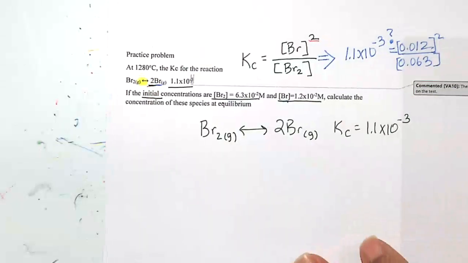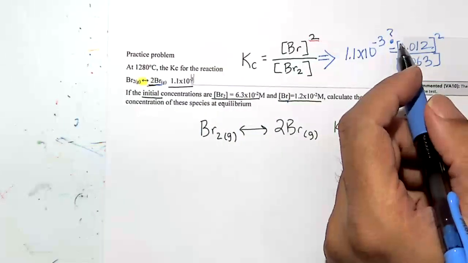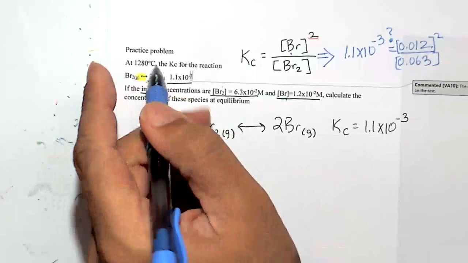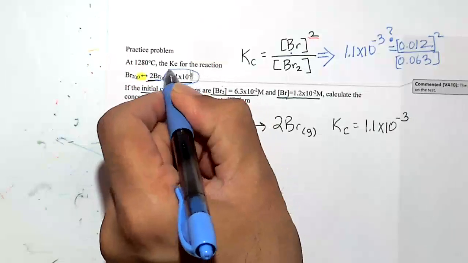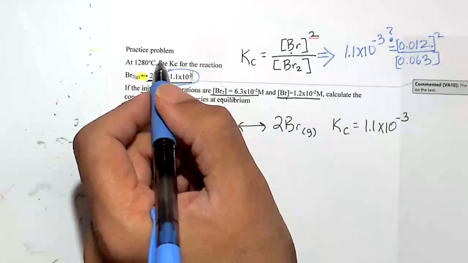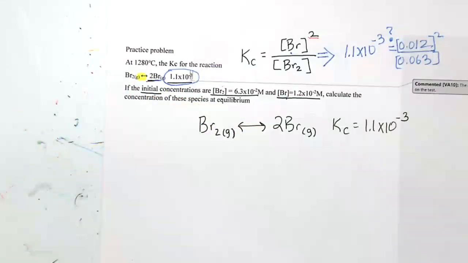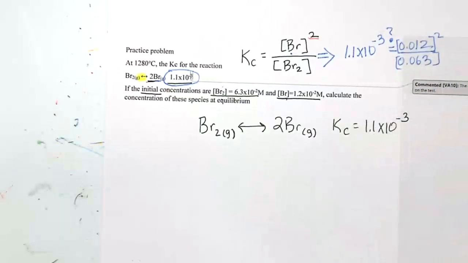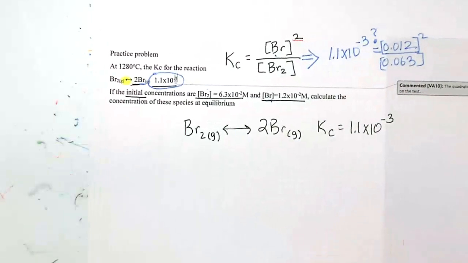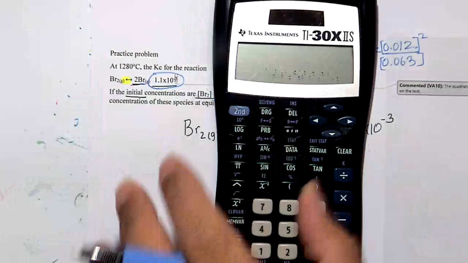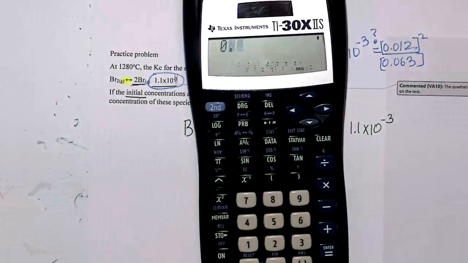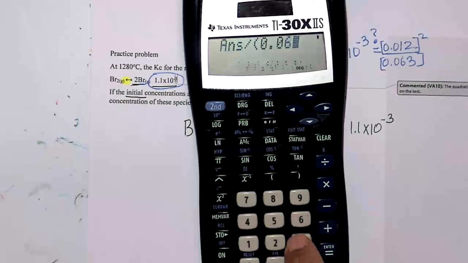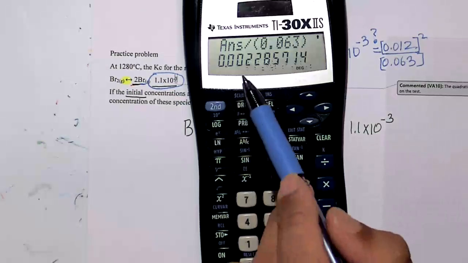If this was truly in equilibrium at these concentrations, this should equal 1.1 times 10 to the minus 3, if it were truly completely equilibrated. So let's do this math and find out if this is truly at equilibrium. So 0.012 squared divided by 0.063.